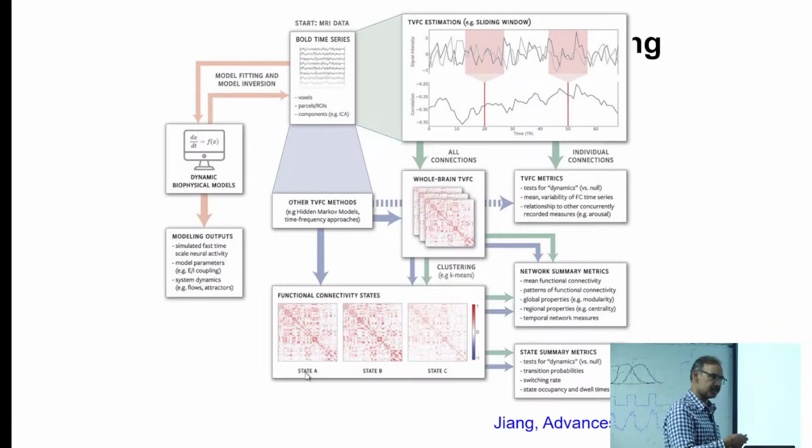By doing this, what has been shown is that there are about 7 states. Sometimes the interpretation is a little difficult because we are looking at correlation matrices. But the idea is that when you take healthy subjects, you get 7 different states, and you can analyze disease states and find differences between these networks, right?